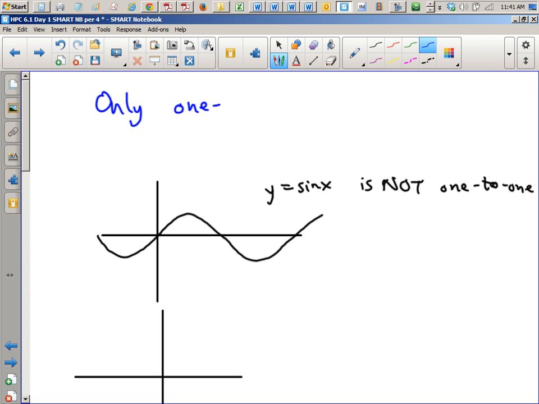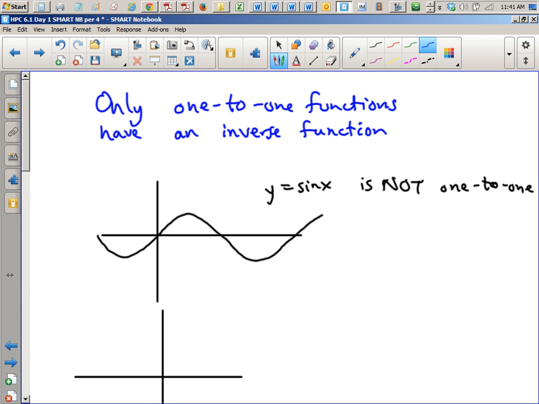So only 1 to 1 functions have an inverse function. Right? So far this doesn't make much sense to even talk about this topic. But it turns out we kind of need to. We need to talk about the inverses anyway.